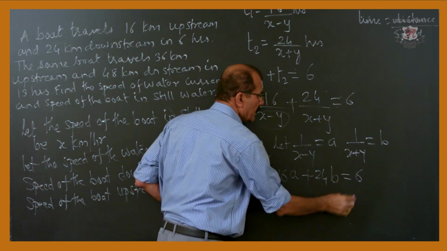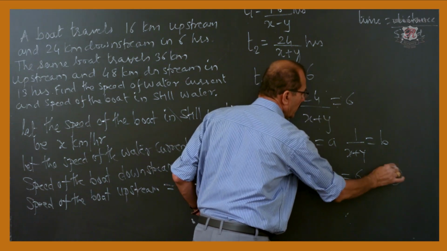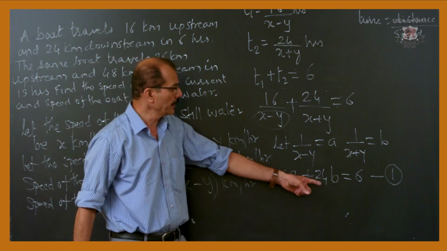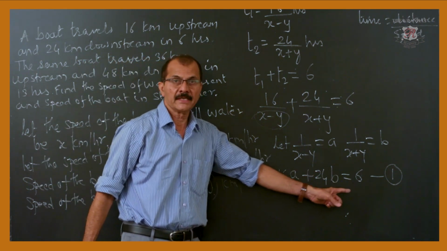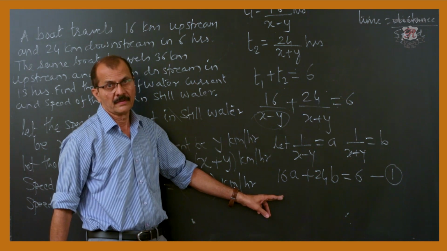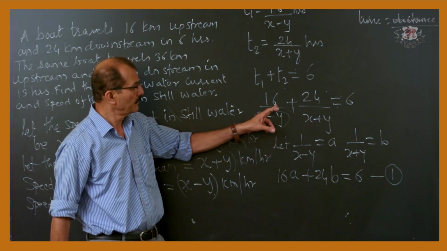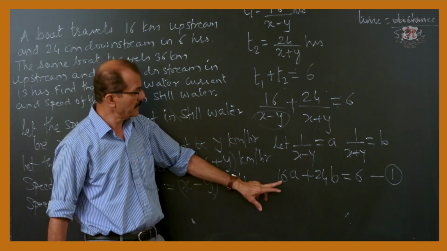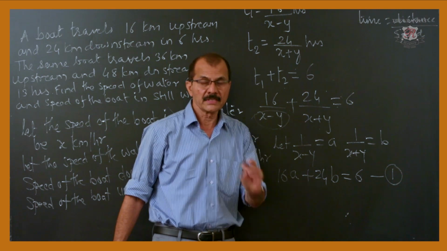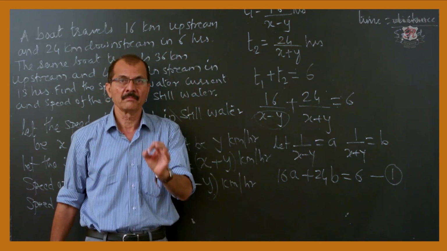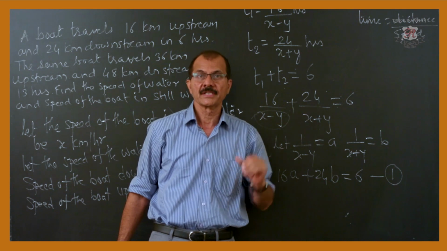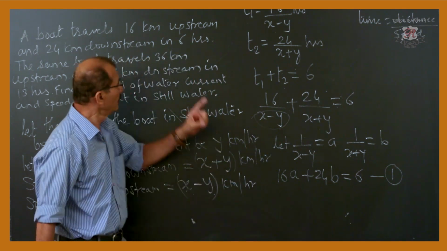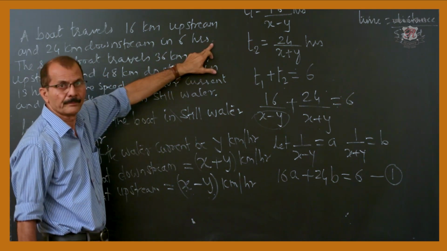This is equal to 6, and this is my equation number 1. 16a plus 24b equals 6 is a linear equation, which I reduced from the non-linear equation. So, this is how I get equation number 1 from the first statement, or you can say by condition 1 given in the problem, up till here.